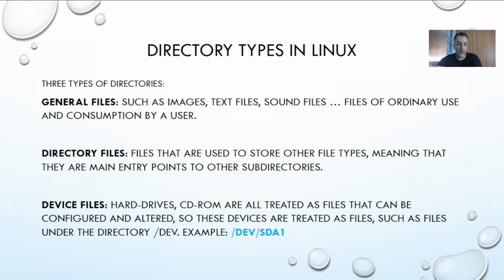For example, /dev is a file system for the devices. Third, device files. The device files are files that describe and carry the configuration of devices such as hard drives, CD-ROMs, or whatever other devices you have on the system.